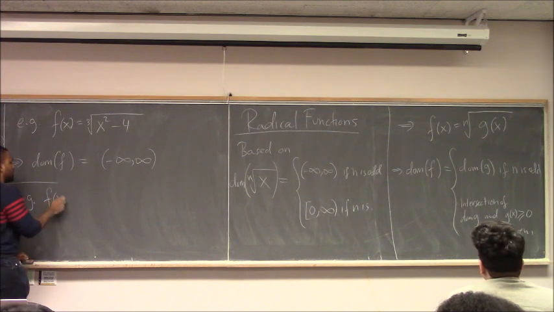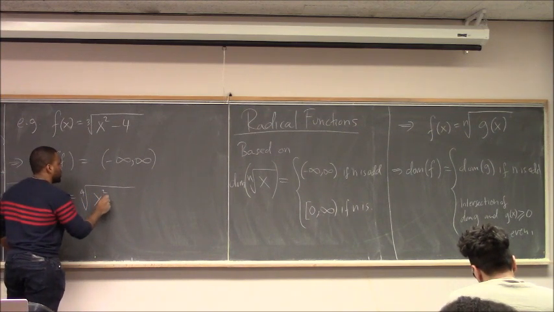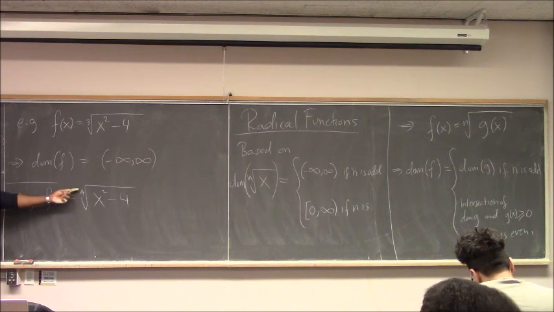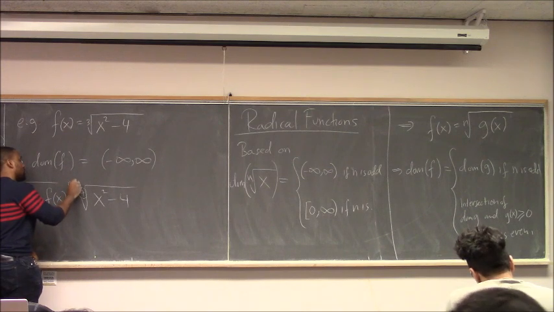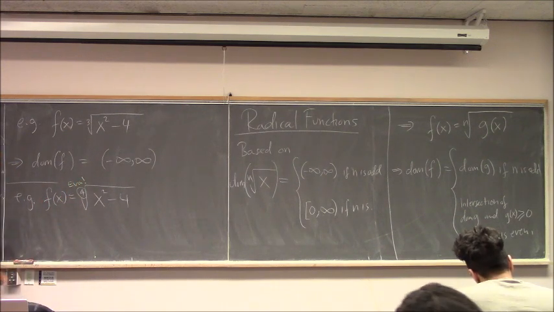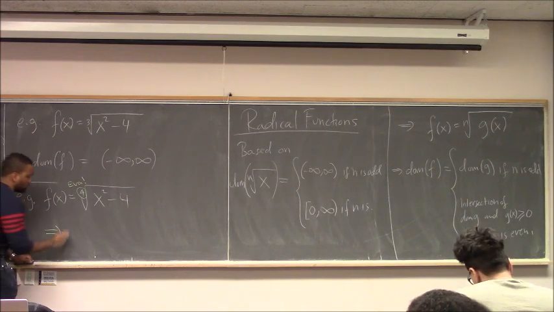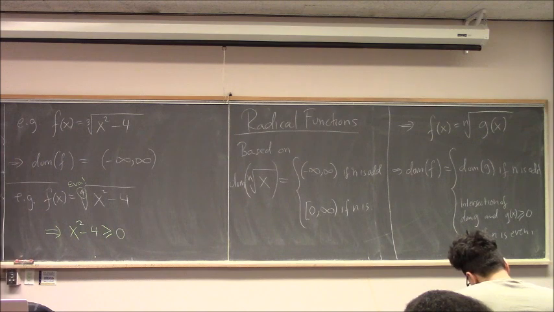If instead I said something like the fourth root of x squared minus 4, now that's a different situation. At this point, you're going to say, oh, now that's even. So this means you need to figure out where this is nonnegative.